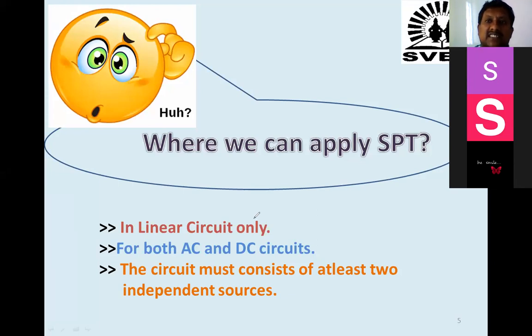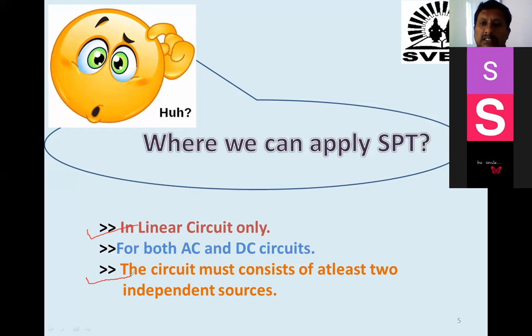In that, the first line is there: in a linear circuit. This is the first condition: the superposition theorem can be applied only in a linear circuit. Second, the circuit must contain at least two independent sources. That we have also seen in the superposition theorem.